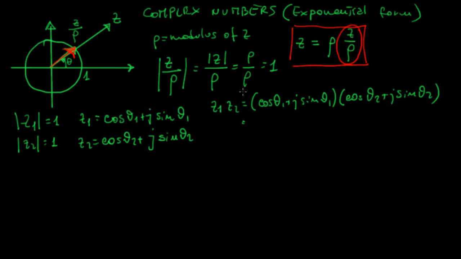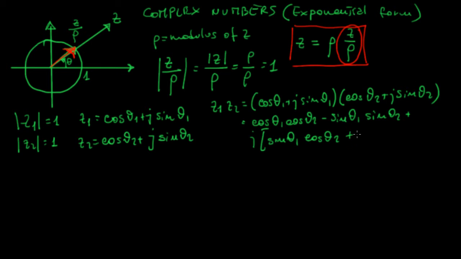Using the usual algebra rules, what I found here is the cosine of theta 1 times the cosine of theta 2 minus the sine of theta 1 times the sine of theta 2 plus j times the sine of theta 1 cosine of theta 2 plus the sine of theta 2 times the cosine of theta 1.